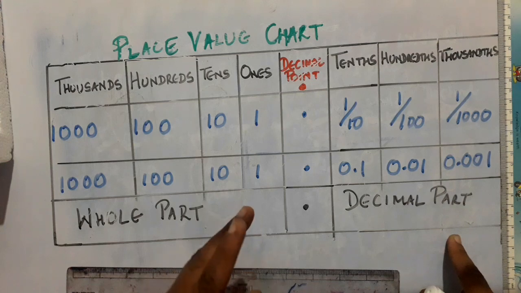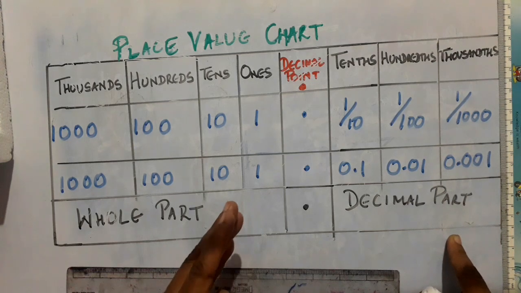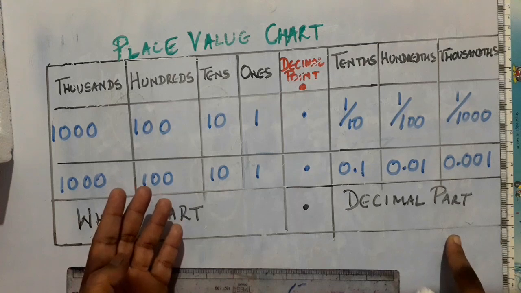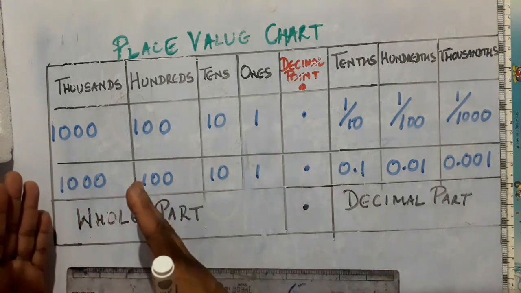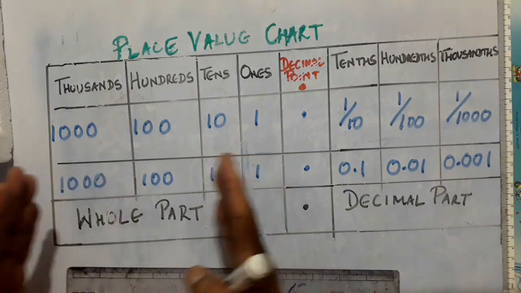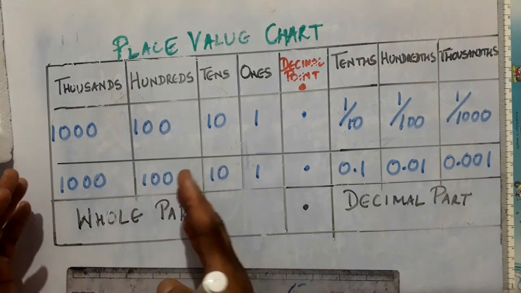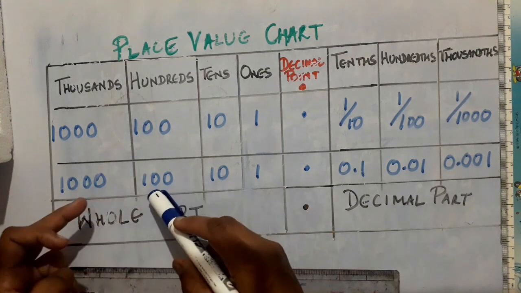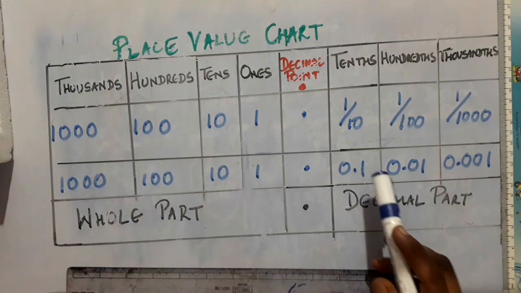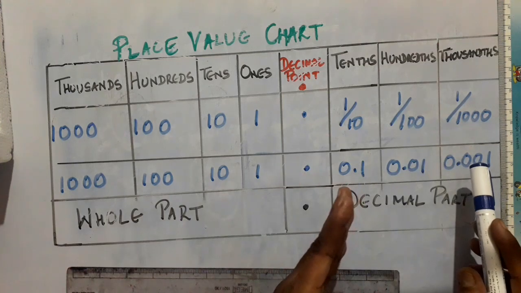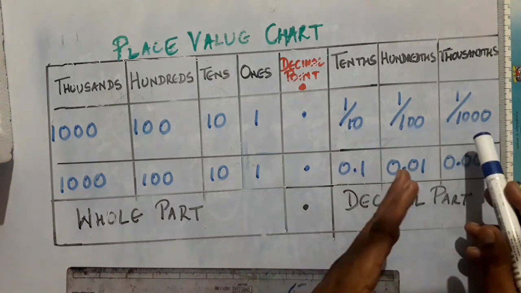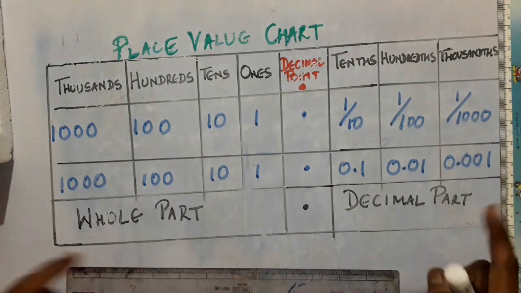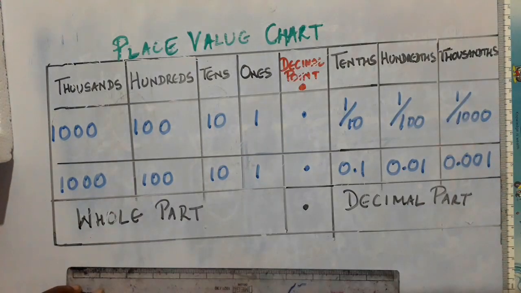The place value of each digit is multiplied by 10 as we move from right to left. Okay, from right to left if we move, then it is multiplied by 10: 10, 100, 1000 and so on. And as we move to the right side, it is divided by 10. So divided by 10, 100, 1000 and so on. Here you can see the place value chart for the decimal system.